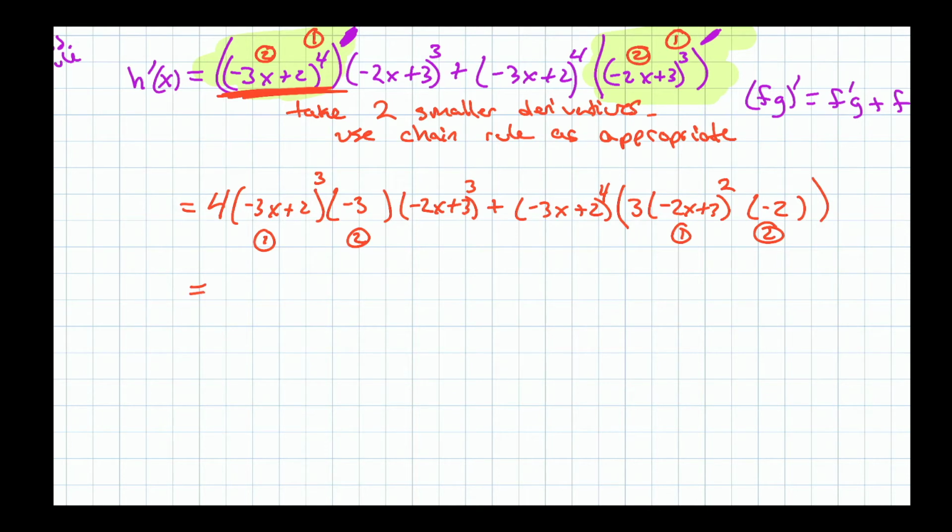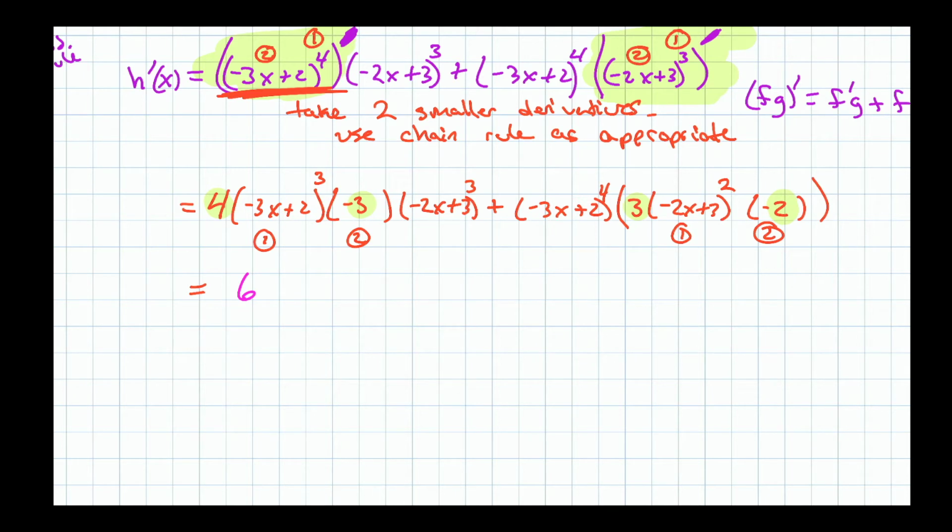Probably what I would do here is, if I'm trying to figure out what I can take out of this, I'm looking for a lot of like terms, right? This has a 2, and this one has a 2 inside the 4. So they both have a 2. And then this one has a 3, and this one has a 3. So I can probably take out a 6, because they both have a 2 and a 3.